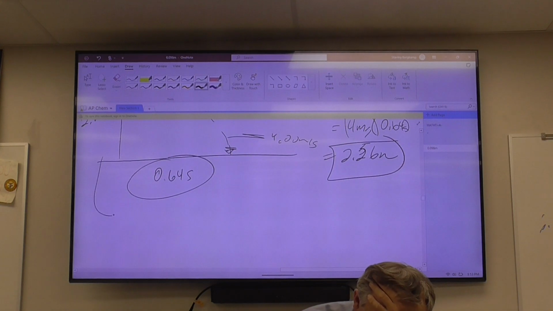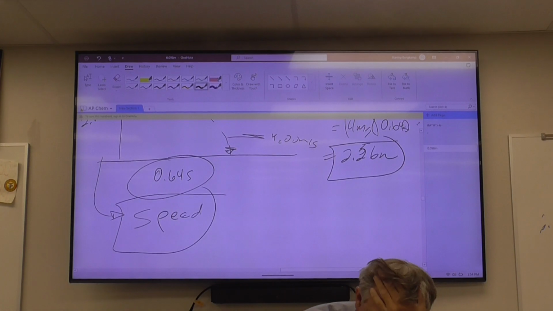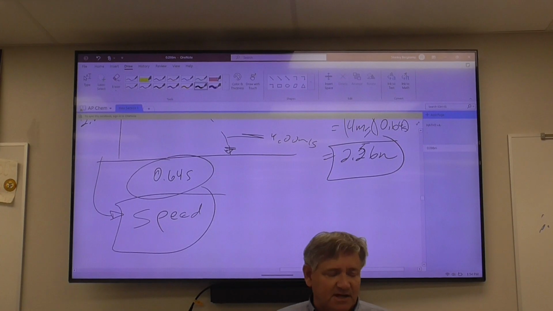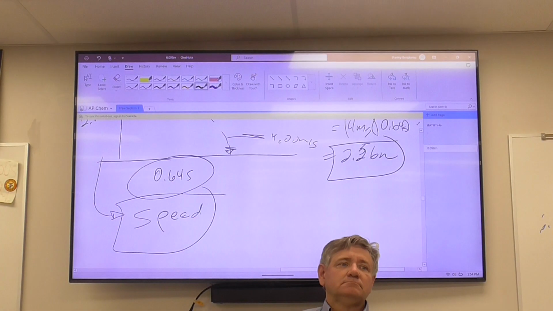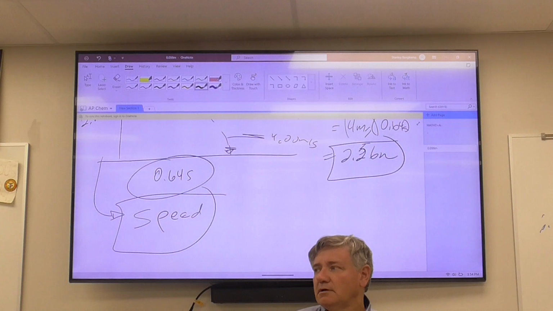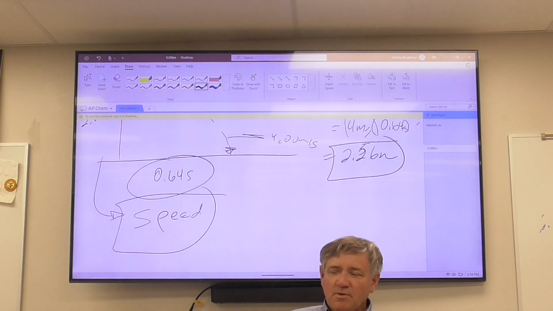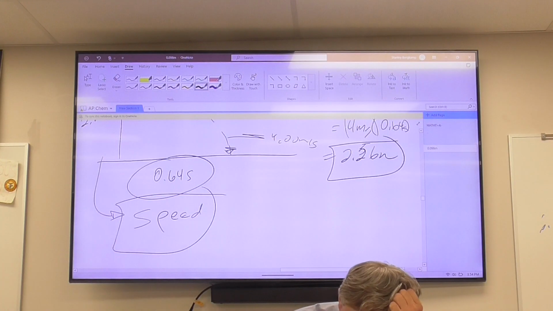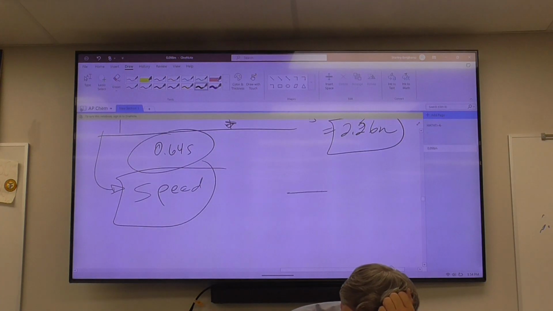When you deal with projectile motion, you're going to spend a lot of time talking about speed. So is speed a vector quantity or a scalar quantity? Scalar. Speed's a scalar quantity. It's just a number. So when that thing lands, it actually has two components to its velocity.